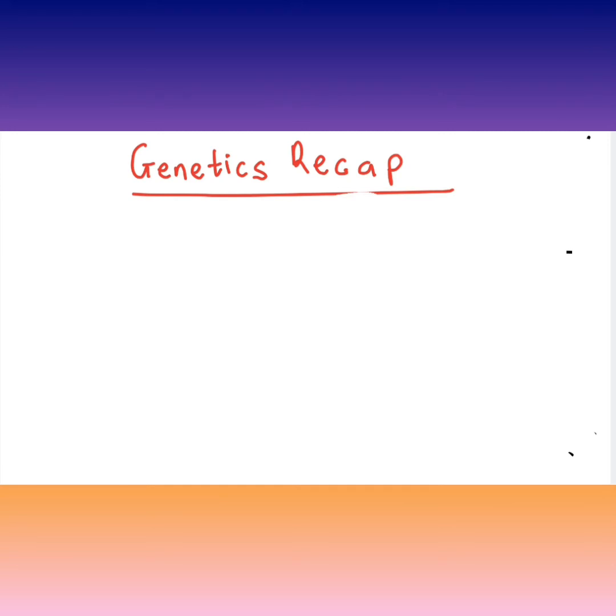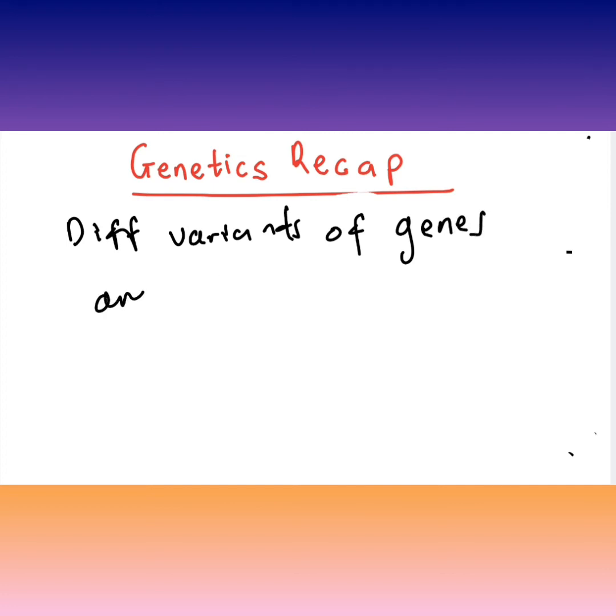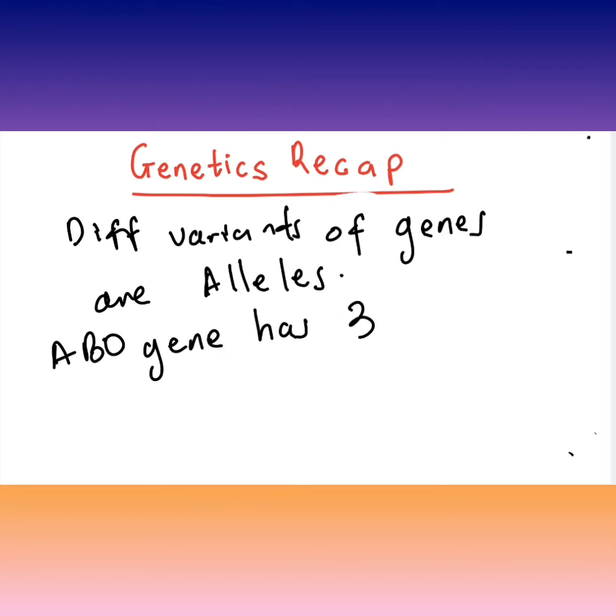Now remember, we said genes come in different variants. And those different variants of genes are alleles. Now the ABO gene has 3 different, very important alleles.